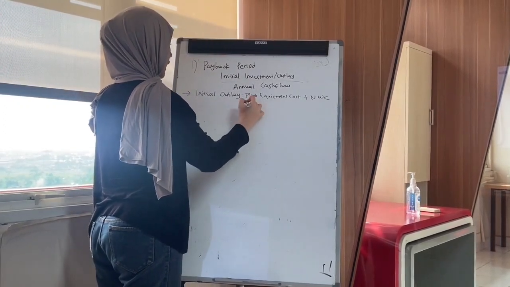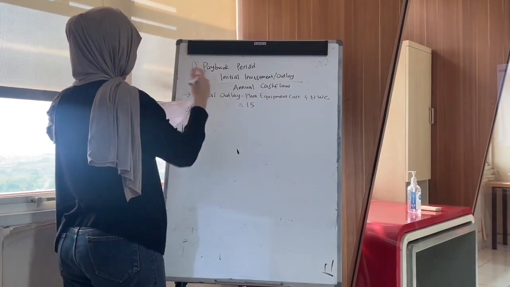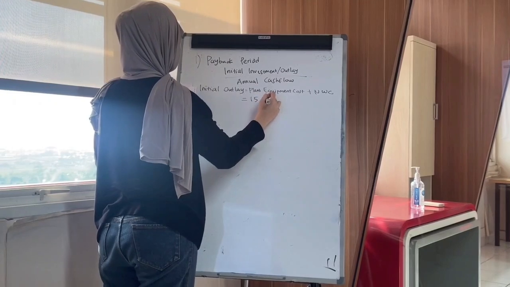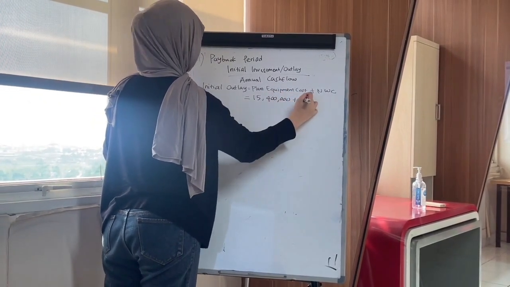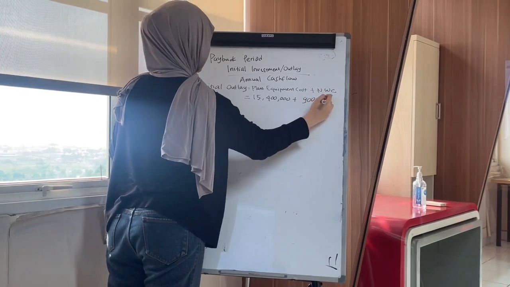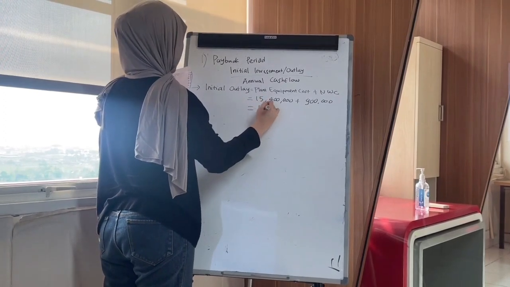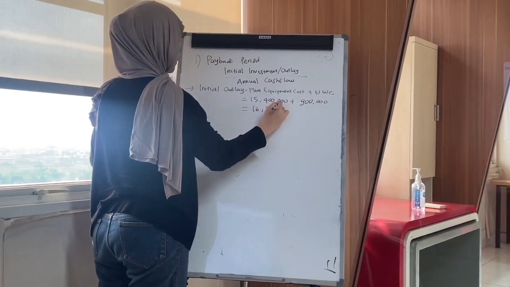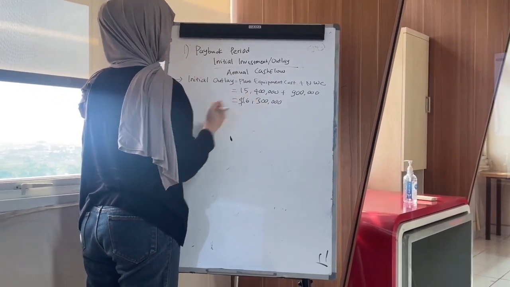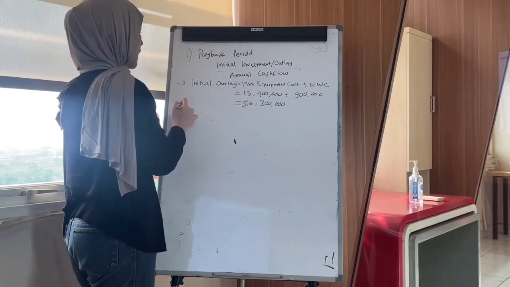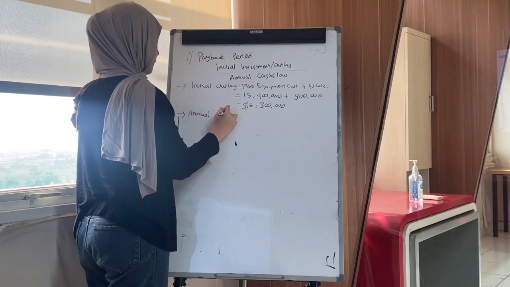The plant and equipment is $15,400,000 plus $900,000. It equals $16,300,000. So we get the initial outlay.